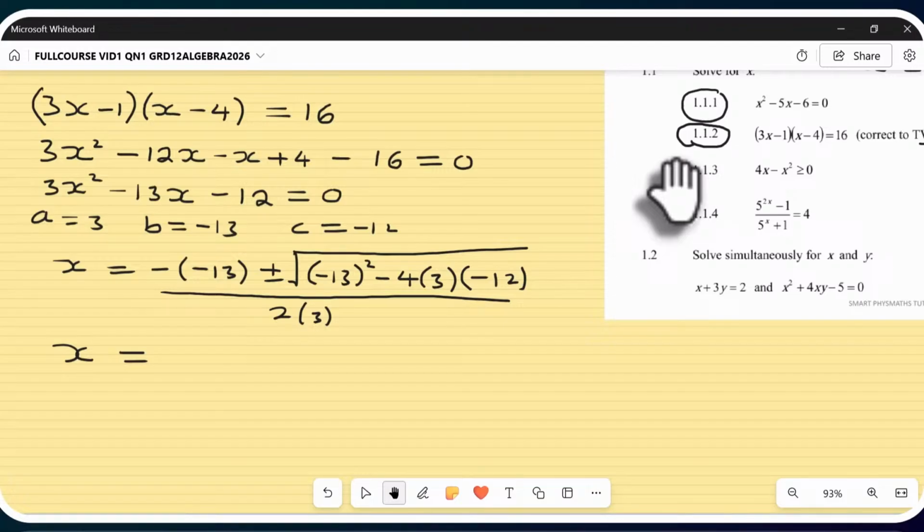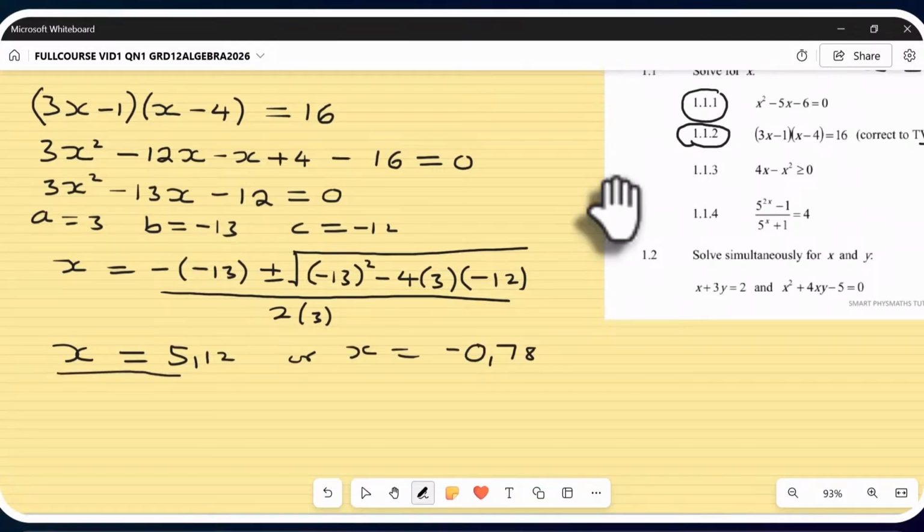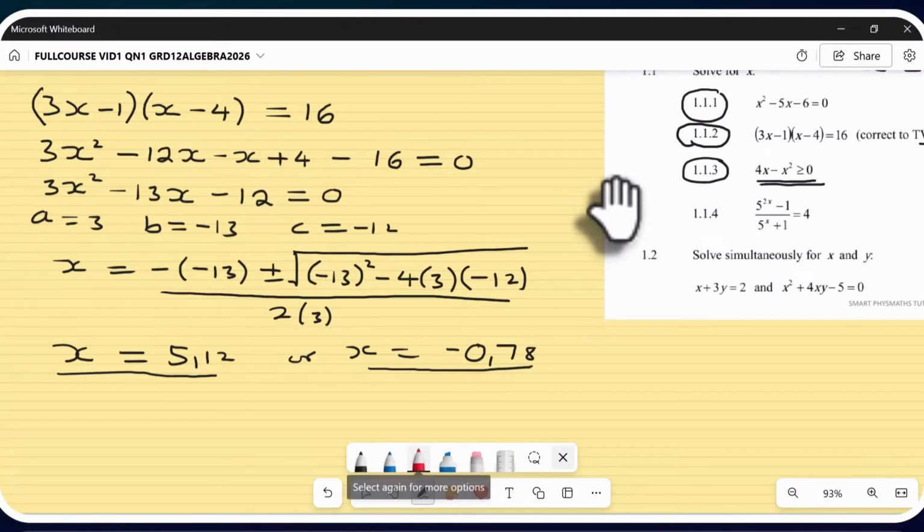Or if I use a minus now, is greater or equals to 0. So if you check what we have for this case, we have 4x minus x squared, and the side is greater or equals to 0.